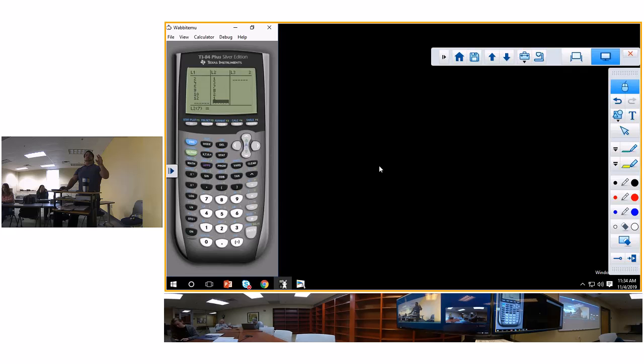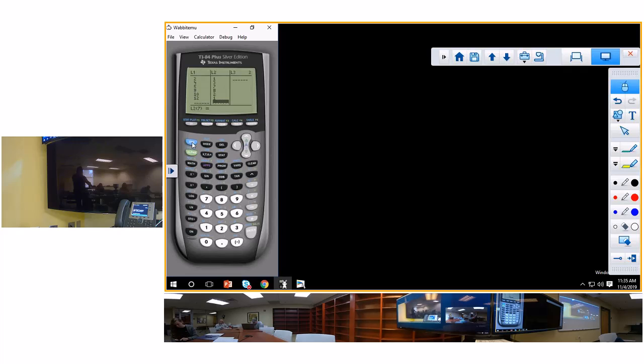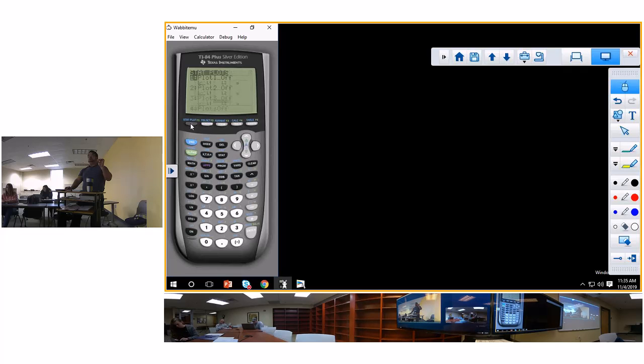All right, now listen. To do a statistical plot, you have to hit second and Y equals. And you come to this one, and then you hit Enter, and you hit On, and then you pick out the one you want. That's a dot plot. That's a polygon.